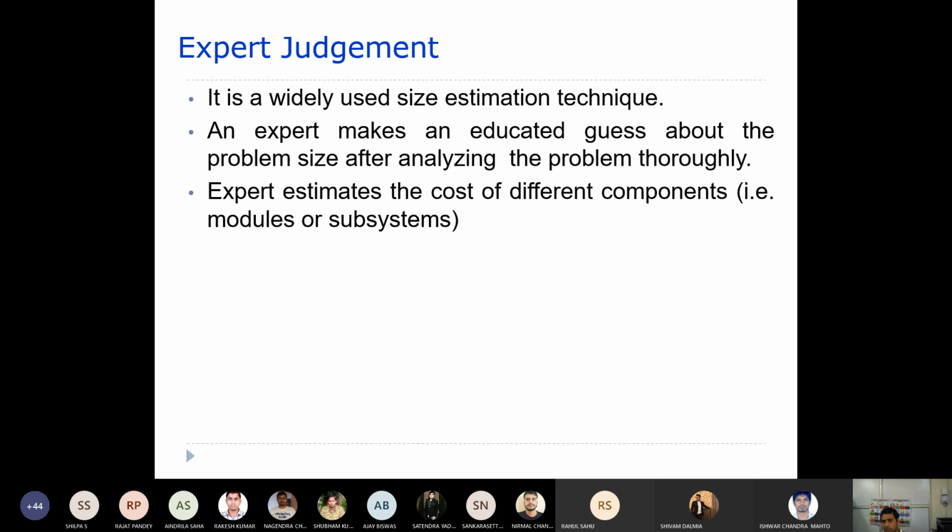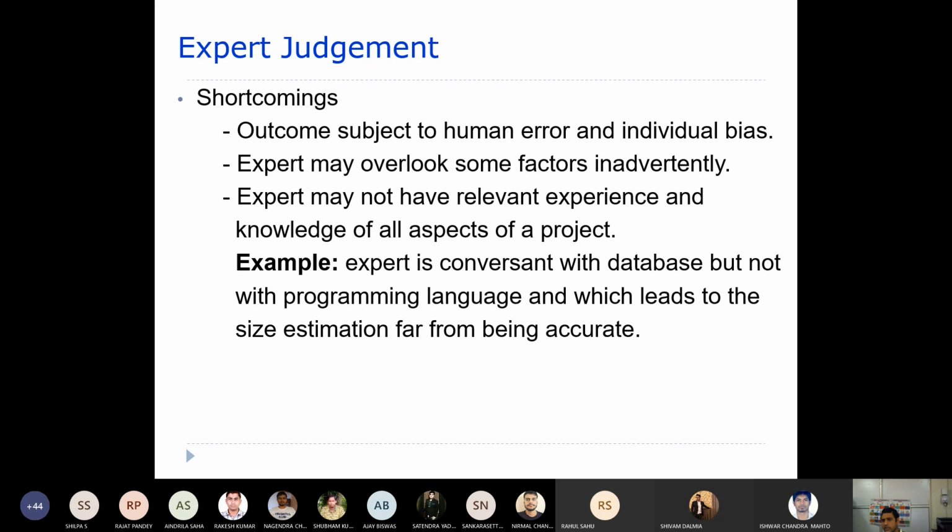Okay, so it is all based upon the expert. Now, what are the shortcomings when we go with this expert judgment? One is human error or individual bias. That means that particular expert is biased towards certain things.